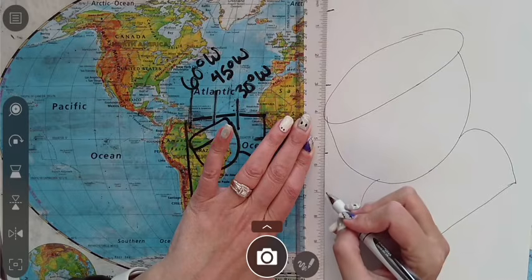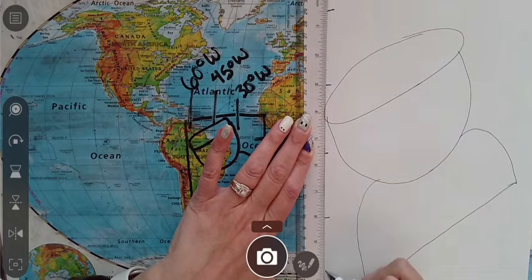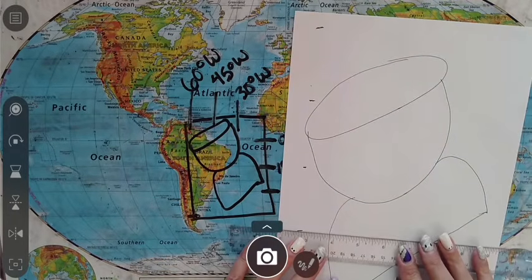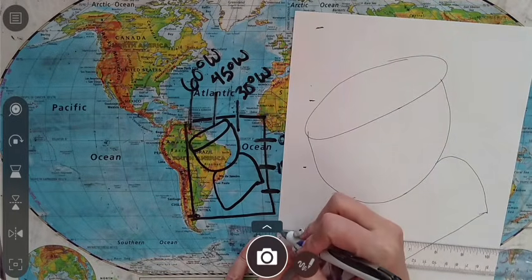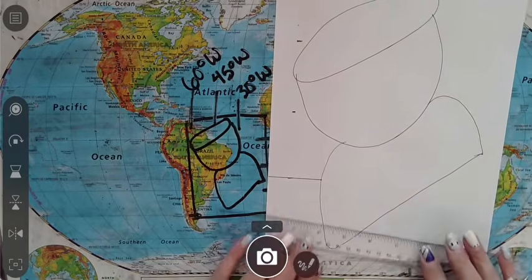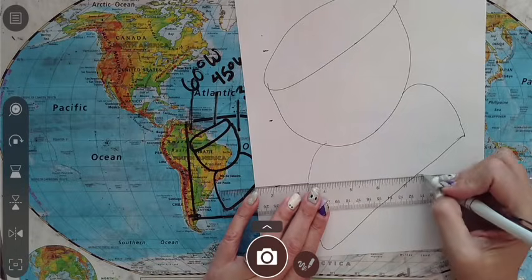Then I'm going to come back down this direction. I'm going to go 1.5, 2.5, and then 2.5 again, okay? So these are my lines of latitude. Now I'm not going to draw my lines of latitude through my map. I'm just going to draw them around my landform, okay?